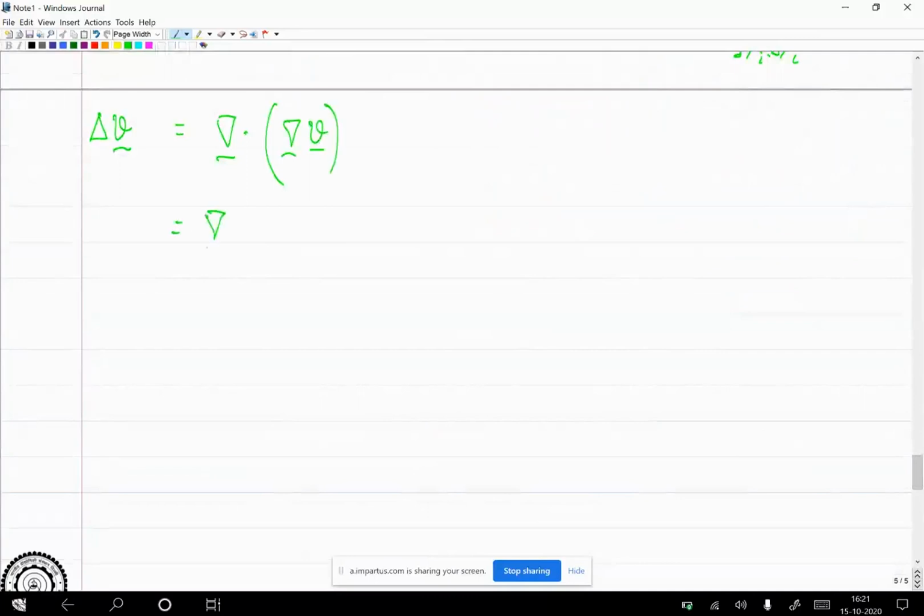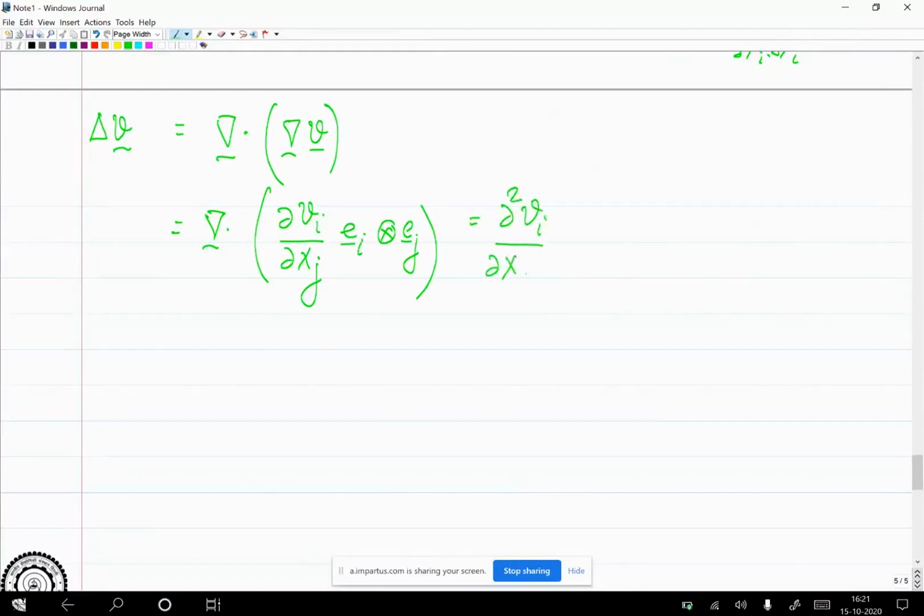So this is same as divergence of del vi over del xj ei tensor product ej, which is equal to del 2 vi over del xj del xk ei tensor product ej, and then it is dotted with ek.